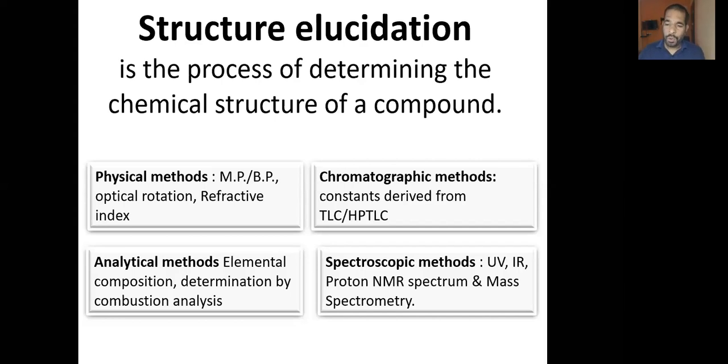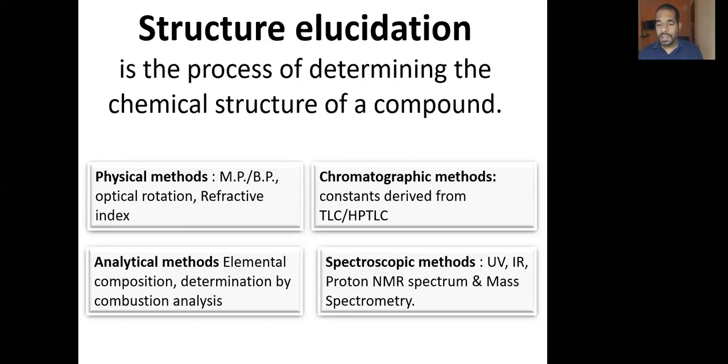In case of TLC, Rf values are considered as a constant, and those values are helpful in determining the structure. Then in HPTLC, fingerprinting is there, and that part is also important in the determination of the structure.